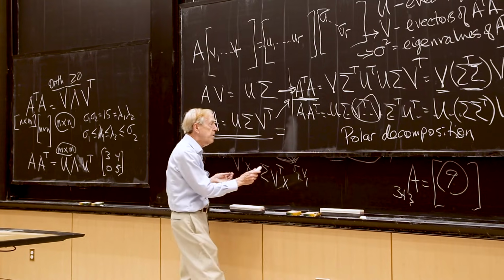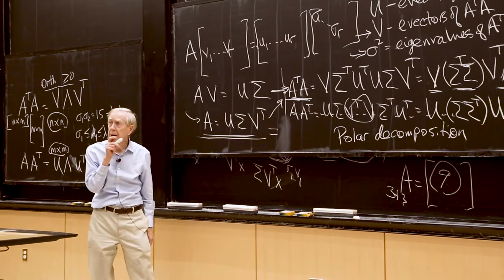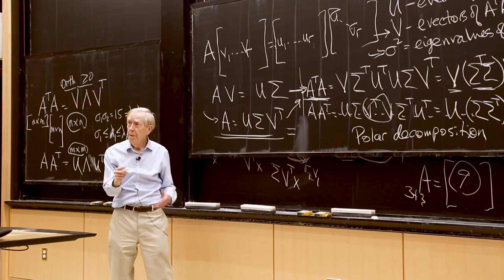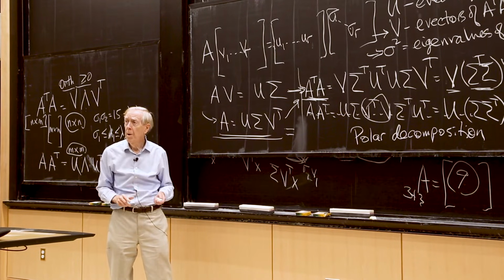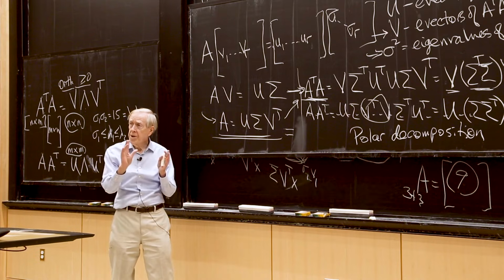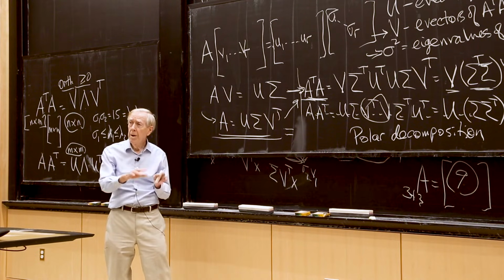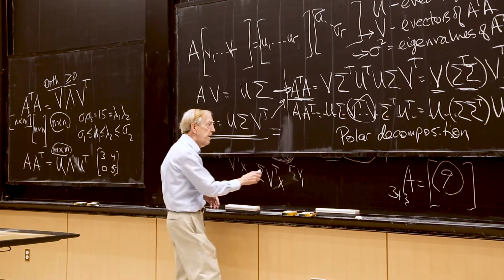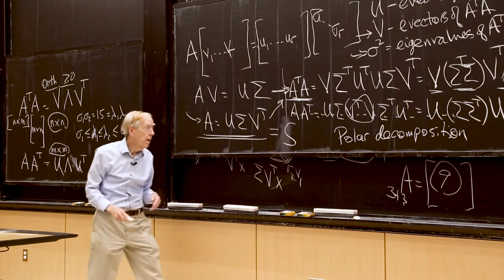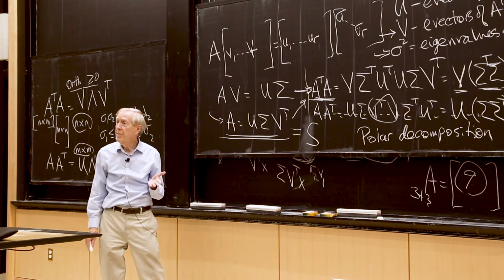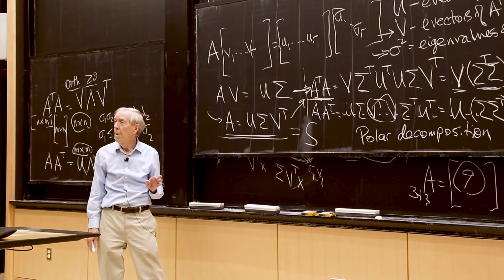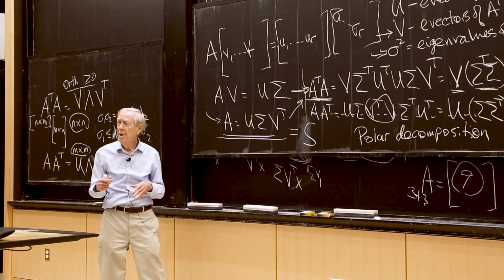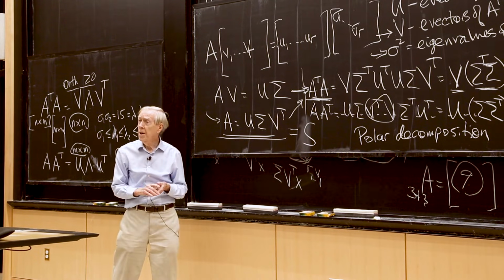So what's polar? For a complex number, what's the polar form? It's e to the i theta times r. A real guy, so the real guy r will translate into a symmetric guy, and the e to the i theta will translate into, what kind of matrix reminds you of e to the i theta?